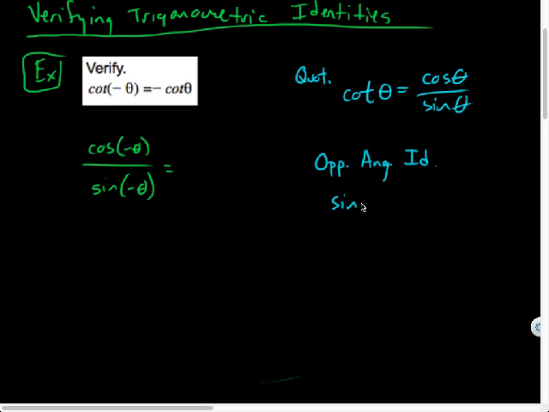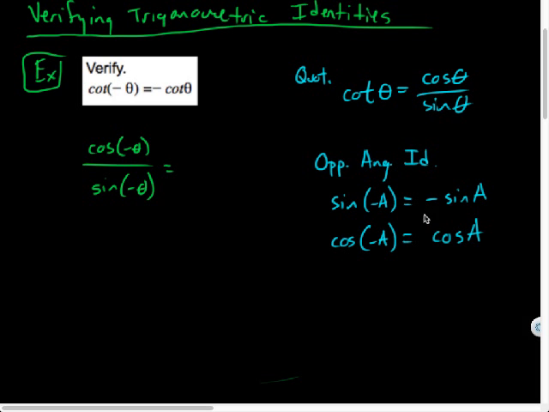We had that sine of negative A was equal to negative sine of A. And we had that cosine of negative A was equal to the positive cosine of A. Because in the case of cosine, if I have an angle in the first quadrant, the negative angle would be in the fourth quadrant, and cosine's positive in both of those. Or if I had an angle in the second quadrant, the opposite of that would be in the third quadrant, and cosine's negative in both of those. So cosine agrees with itself for opposite angles.